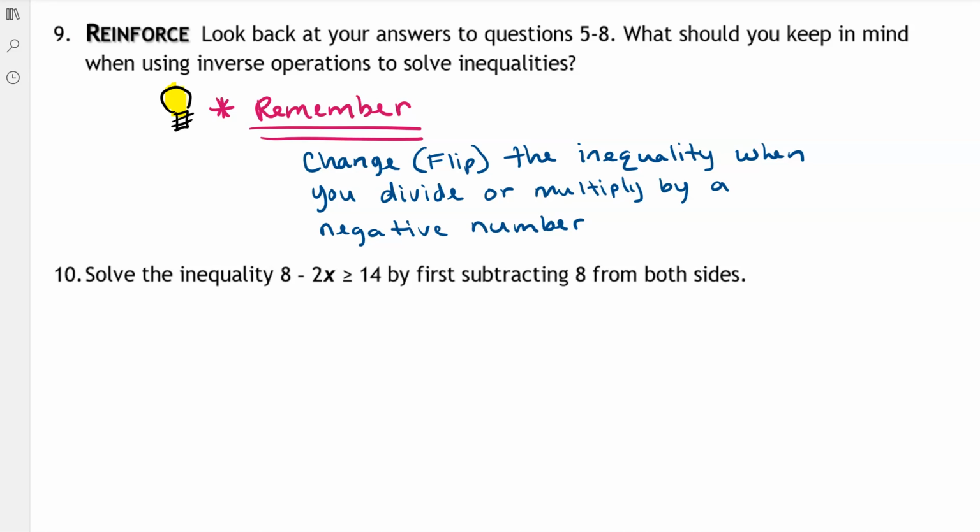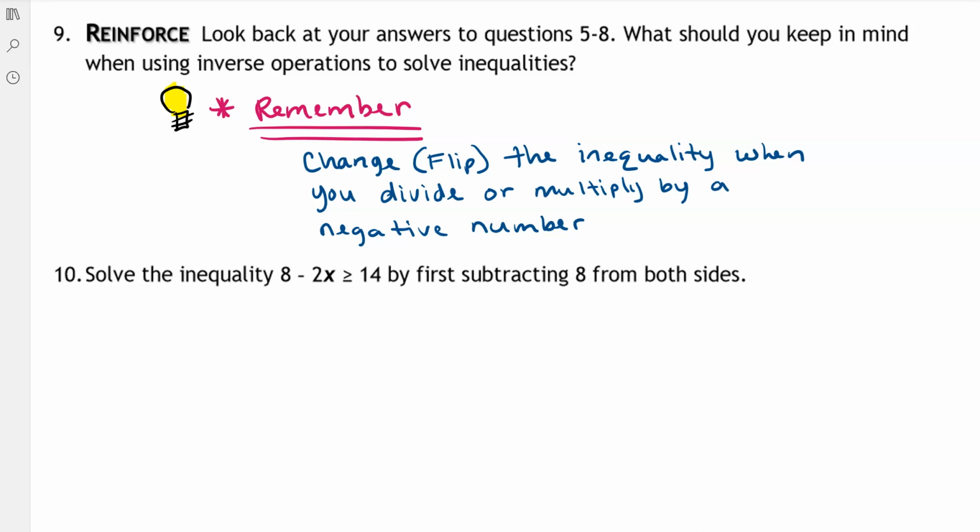Okay, I want you to write this in your notes. It is very important because now we're going to start solving equations that have inequalities. And oh my gosh, whenever you're dealing with inequalities, at the final spot when you're solving, you need to flip the inequality.